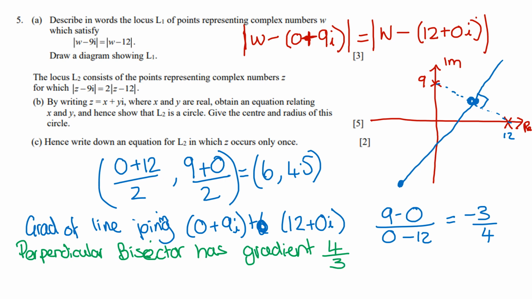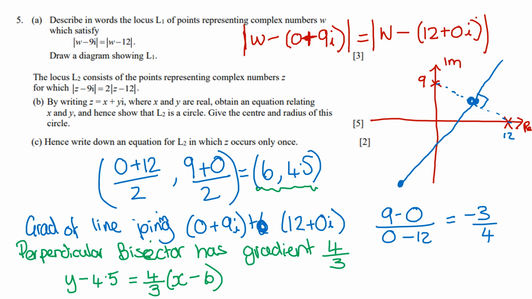Happy with that? So it's got a gradient of 4/3. We know it goes through the midpoint. So you can do y minus y1 equals m times x minus x1, and x1 is 6. And you can just rearrange that and get the actual equation of that line if you wanted to.